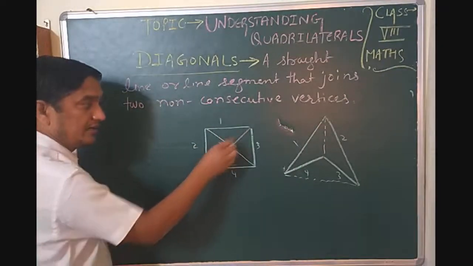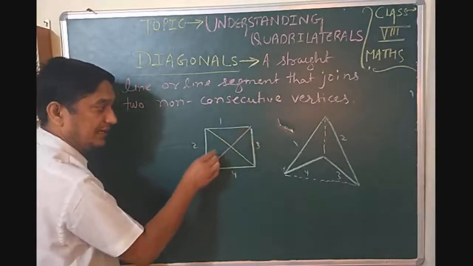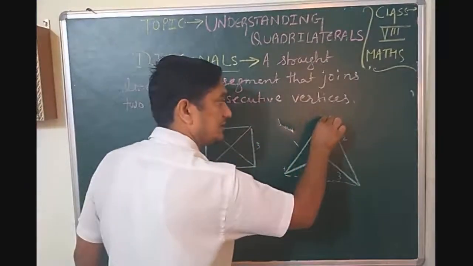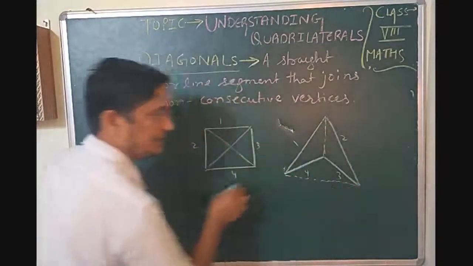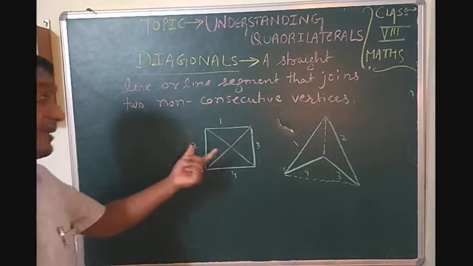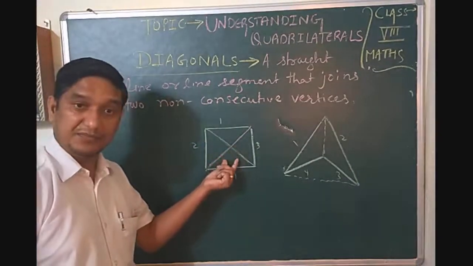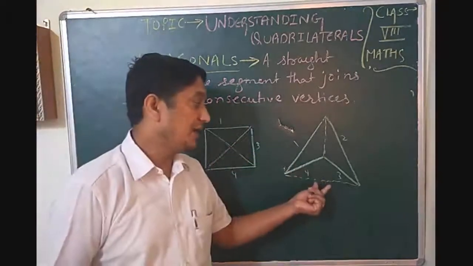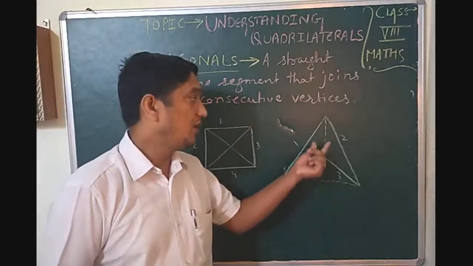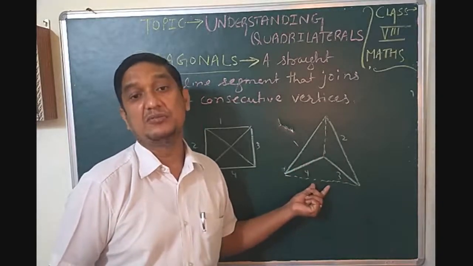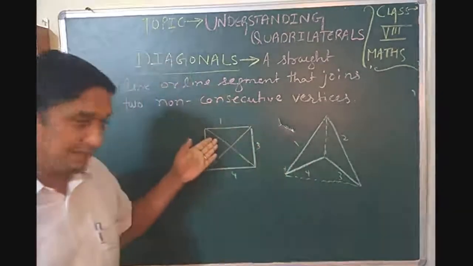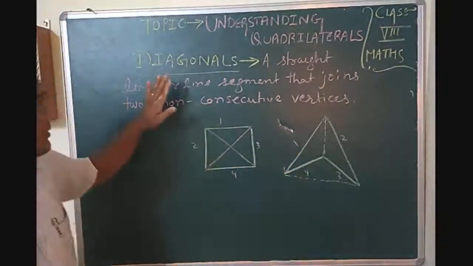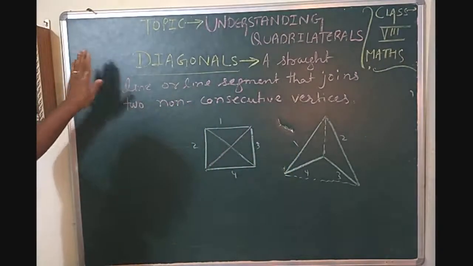In this quadrilateral, this is one of the diagonals and this one is the second diagonal. Here also, this is one diagonal and this is the second one. So children, remember, a diagonal may be inside of the polygon, or it may be outside of the quadrilateral. This is the diagonal, children.